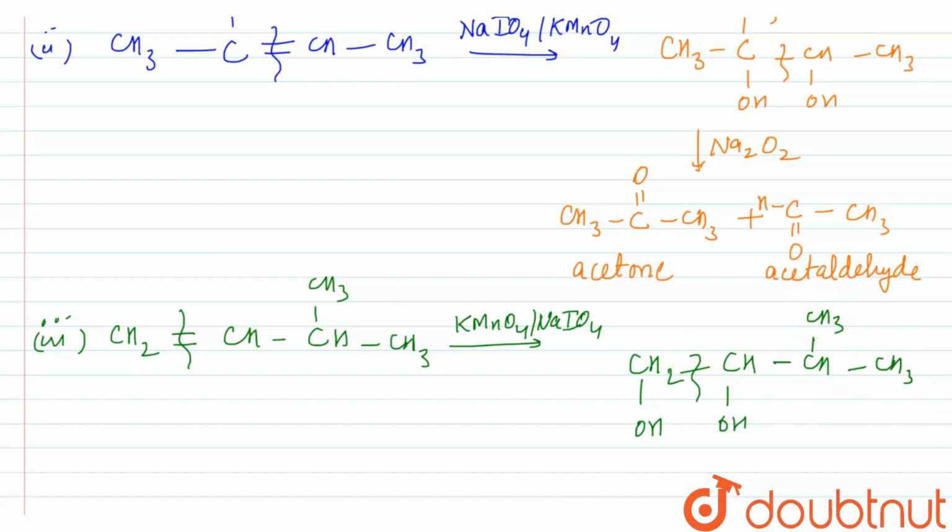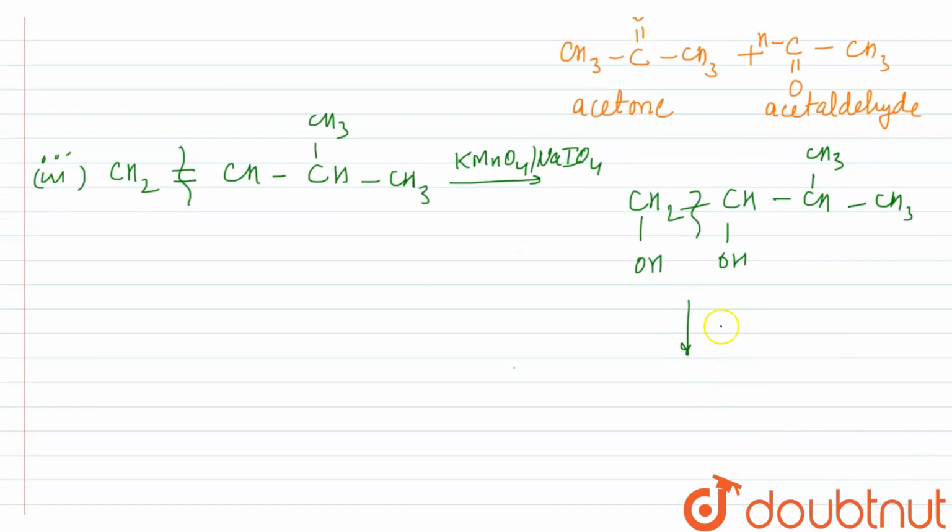Again the bond will break and cleavage will happen in the presence of Na2O2 and carbonyl compounds will be formed. There is only one carbon in this chain, so this will be HCHO, plus there are 4 carbon atoms present here, so the compound will be CH double bond O, CH, CH3 and CH3.